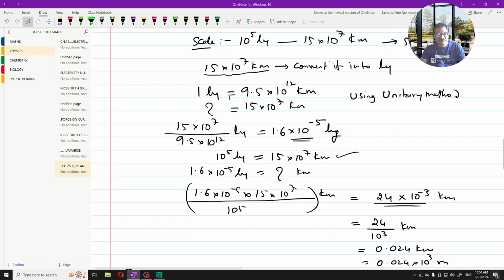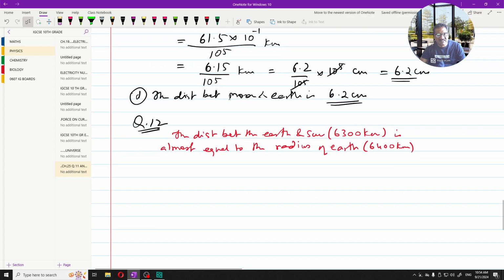The distance between earth and Pluto, which we got as 0.95 kilometers, if you convert it into meters, will be 950 meters, isn't it?